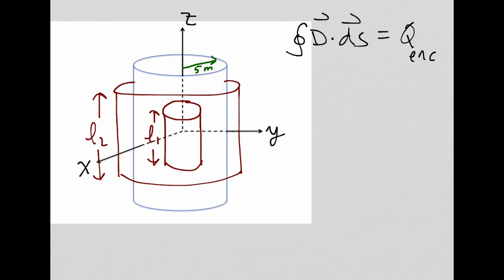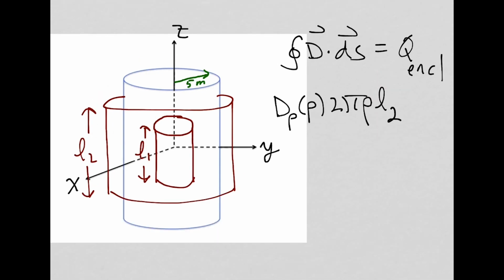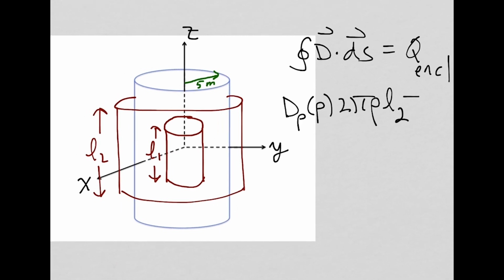This integration will be exactly the same on the surface of the second cylinder as it was for the first. So we have D sub rho times 2 pi rho L sub 2. The only difference is we're using the height of cylinder 2 here. And that is going to equal the charge enclosed by our cylinder of radius greater than 5 meters.